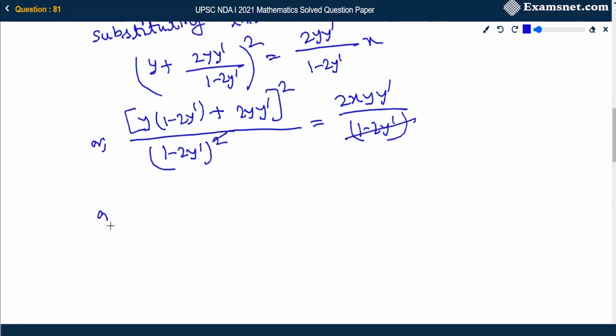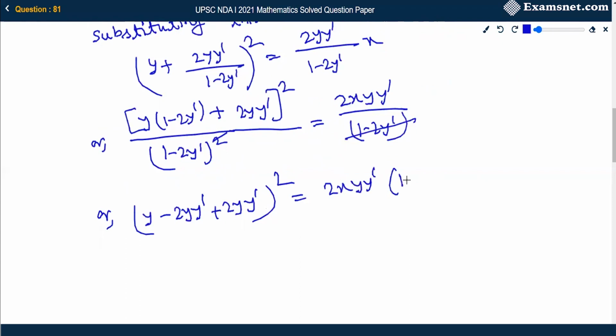It becomes y minus 2y y dash plus 2y y dash whole square, also 2x y dash by 1 minus 2y dash. Both this part will get cancelled. So it's y square equals to 2x y dash 1 minus y dash, right?